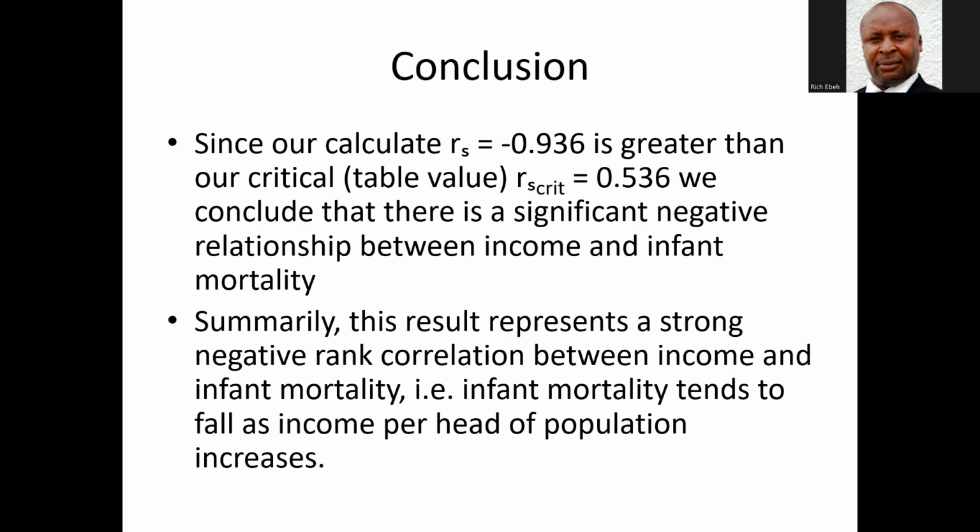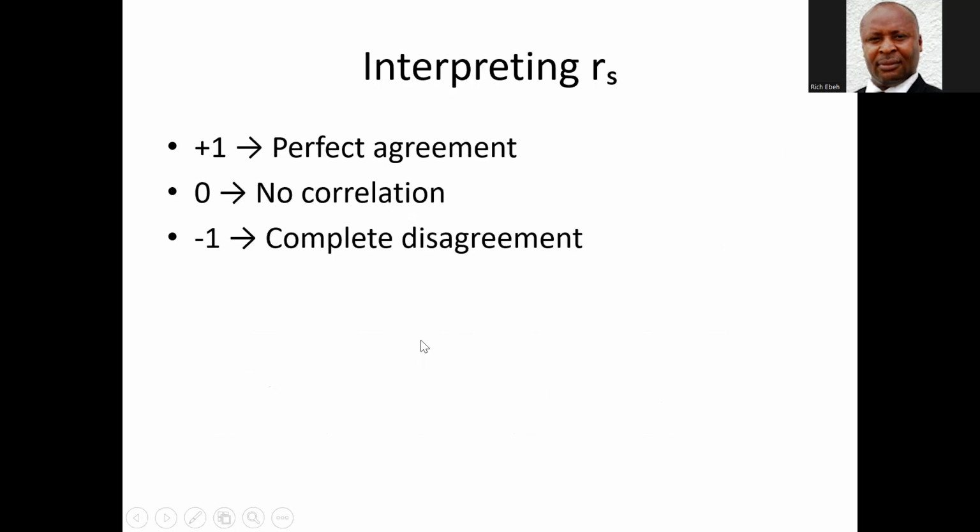If we have a positive value, it means that as rank X is increasing, rank Y is also increasing. But if we have a negative value, it means that as rank X increases, rank Y, on the other hand, reduces. So that is the essence of that negative value. It should not be used to compare. And that's just the idea behind Spearman rank, and even Pearson too.